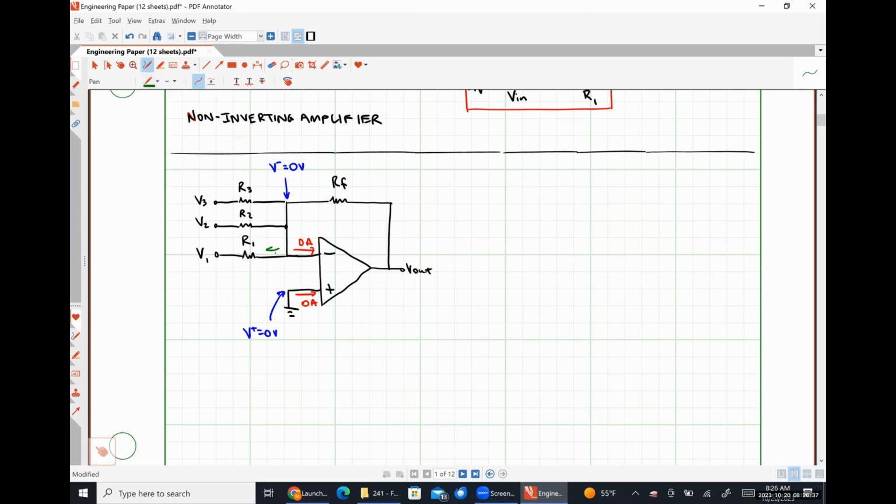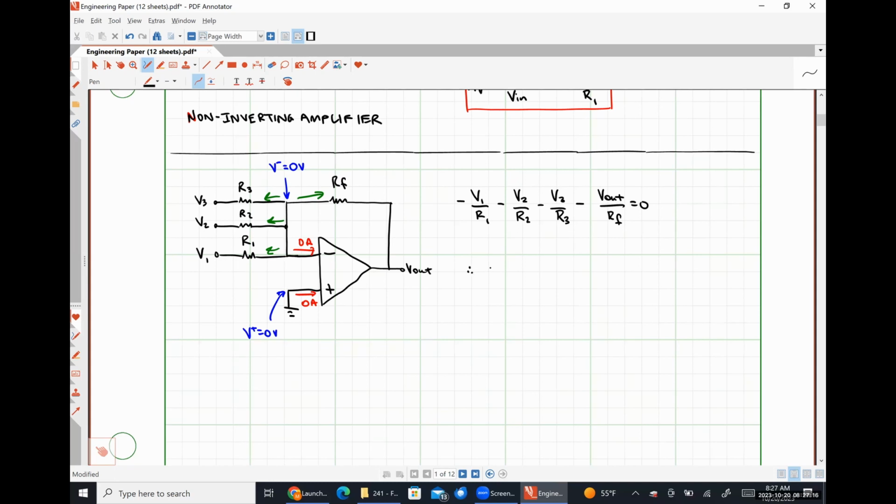Applying Kirchhoff's current law at our inverting input node, what we are going to get is negative V1 divided by R1 minus V2 divided by R2 minus V3 divided by R3 minus V out divided by RF is equal to 0.